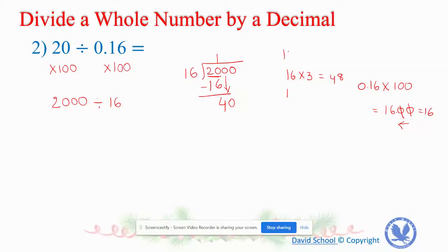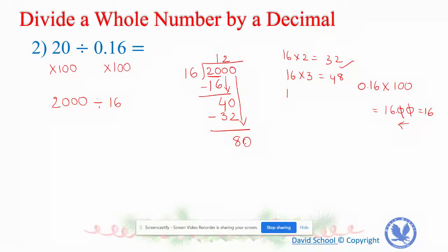So 16 times 2 is 32. Yes, definitely 16 times 2 is 32. I will choose that multiple. So 16 times 2 is 32. Again, borrow 1 from 4. It becomes 10. 10 minus 2 is 8. 3 minus 3 is 0. The next number, 0.